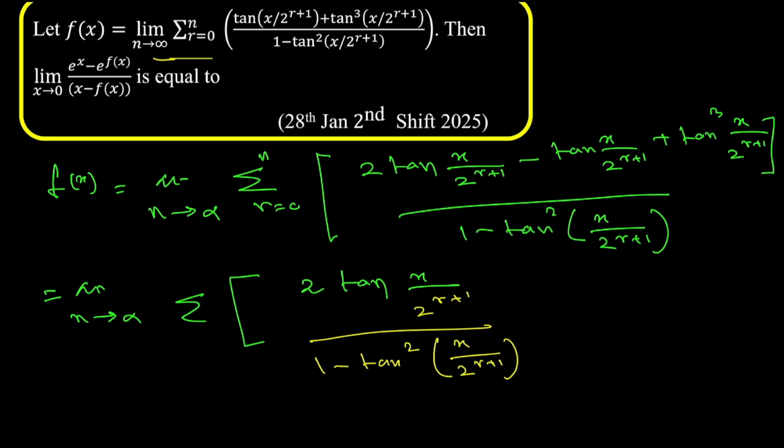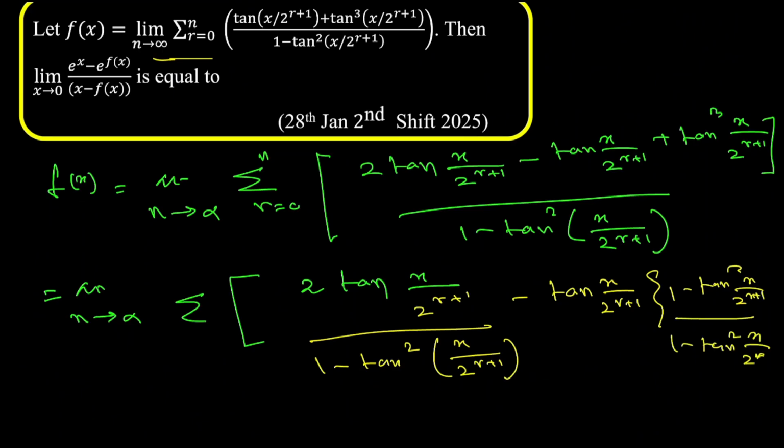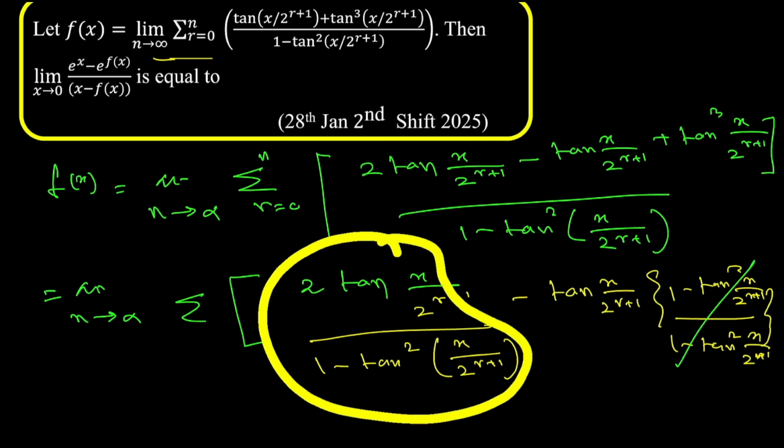And finally we write minus tan x by 2 to the power r plus 1, and if we take 1 minus tan square x by 2 to the power r plus 1, similarly it should be cancelled. So finally what we are getting, everybody, this is getting cancelled, and this portion is 2 tan theta by 1 minus tan square theta, the tan 2 theta formula.